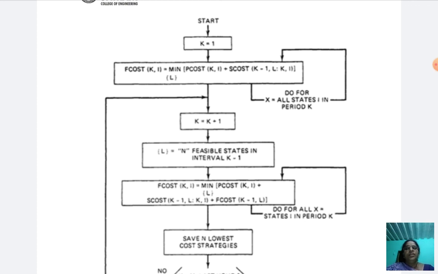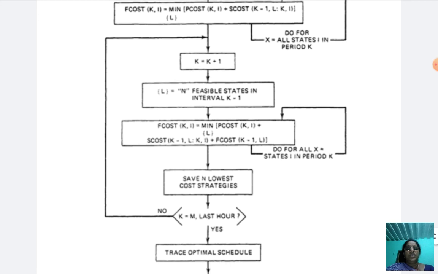Then if this condition k equals k plus 1 is satisfied, you can find the N feasible states in interval k minus 1, that is L we calculated. Then next we calculate the fuel cost (k,I) only. In this case also do for all the X that is equal to states I in period k only. Then next you save the lowest cost strategy.